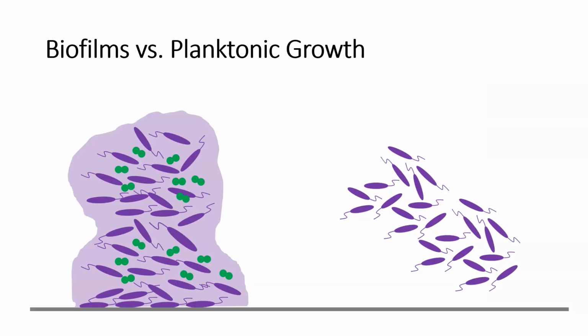There are big differences in the way that cells growing in a biofilm respond to antimicrobial methods compared to cells suspended in liquid growth media, aka planktonic cells. So here we have our biofilm and our planktonic cells.